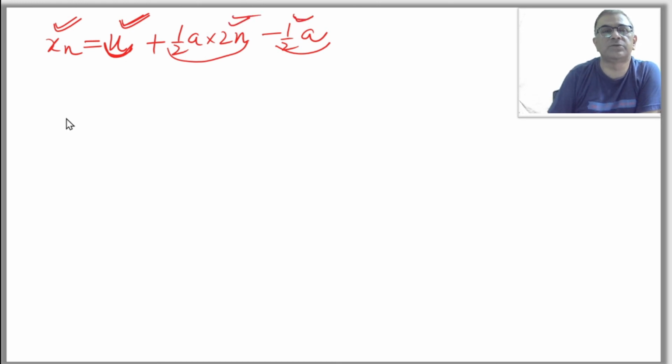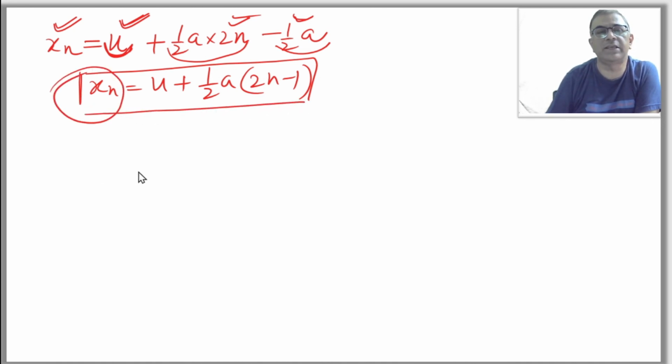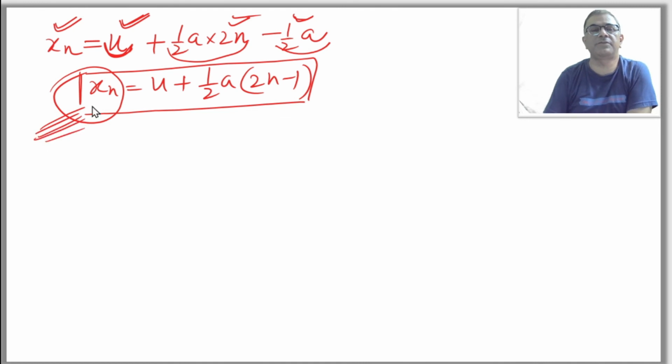Now next, this xn is equal to u plus half a, taking half a as common, into 2n minus 1, and over here every single term has unit as meter. So this formula is dimensionally correct. Why?